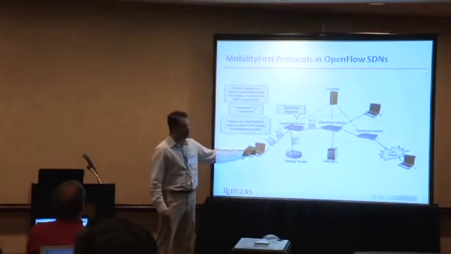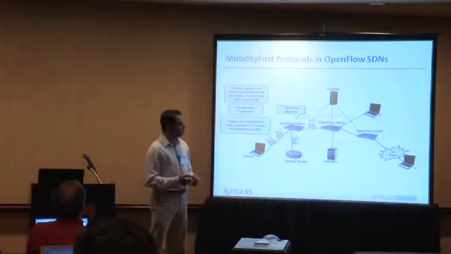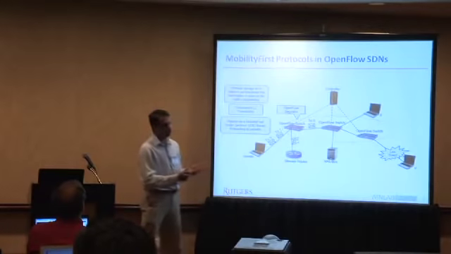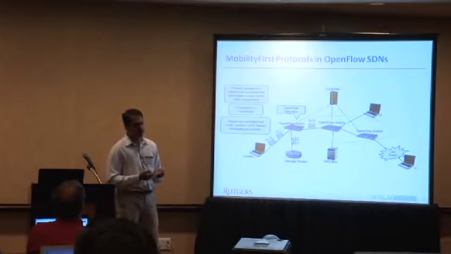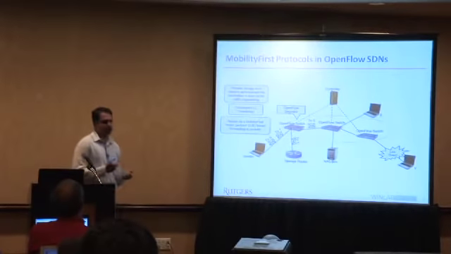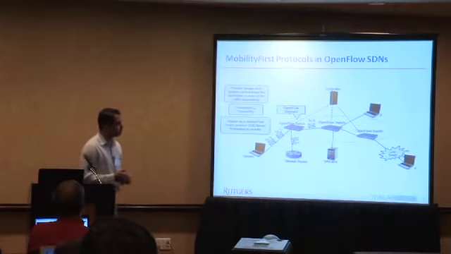We wanted to demonstrate the buffering ability of the MobilityFirst protocol. If you have end hosts connected to this OpenFlow segment, and there is disconnection or migration, you can think of this as either a wireless node disconnecting, or within data centers, migration of VMs or end hosts and so on.